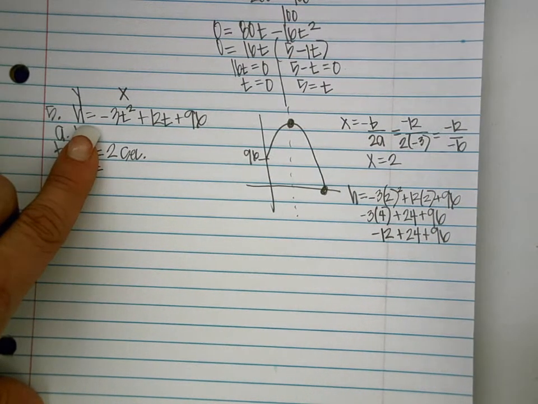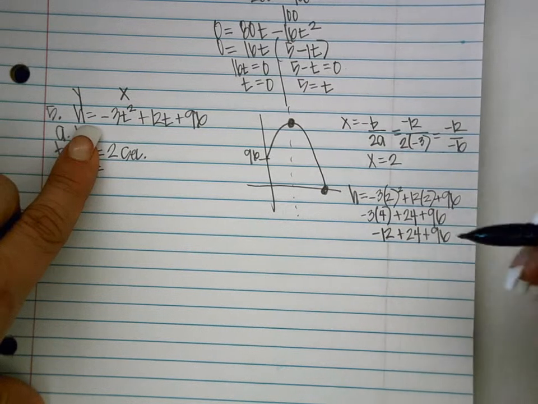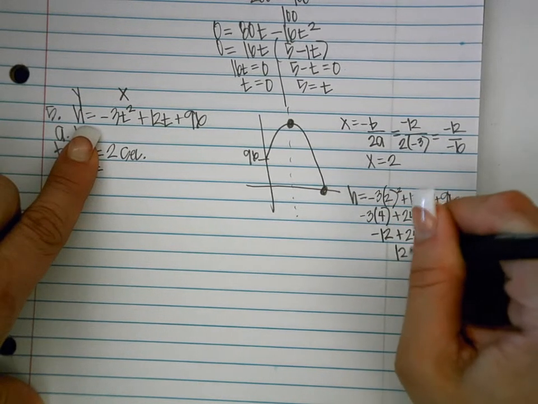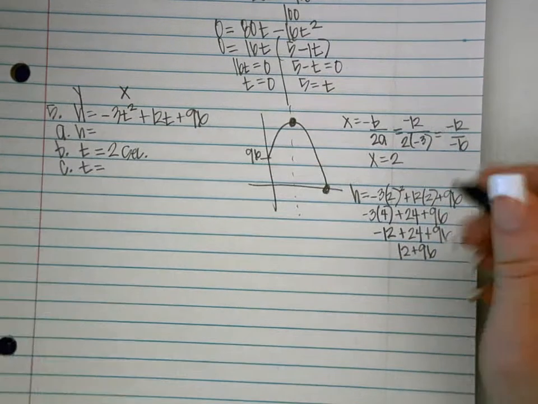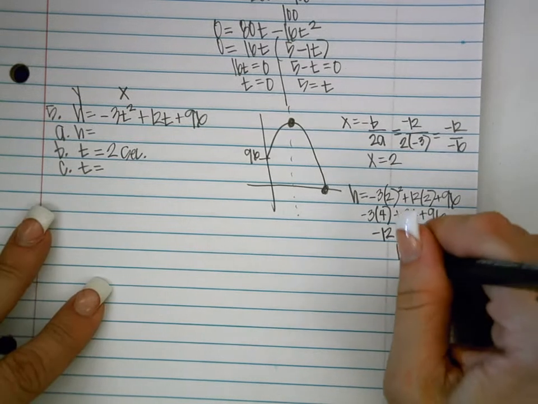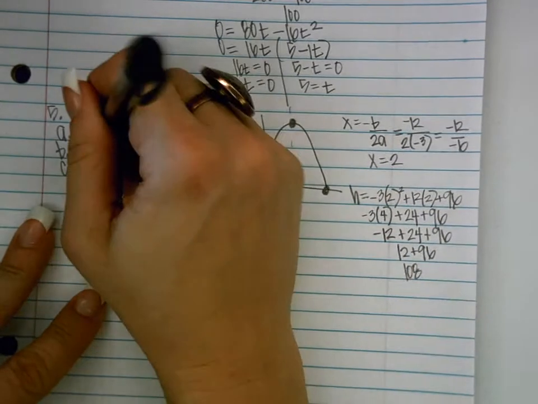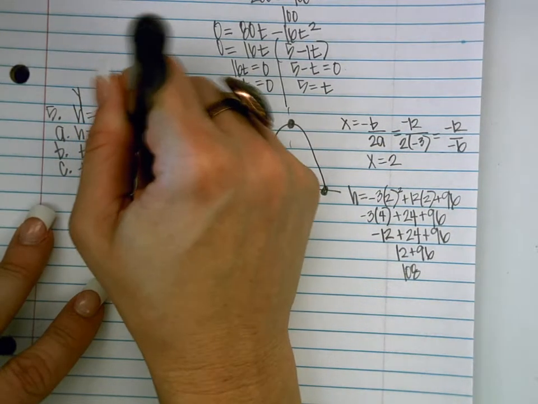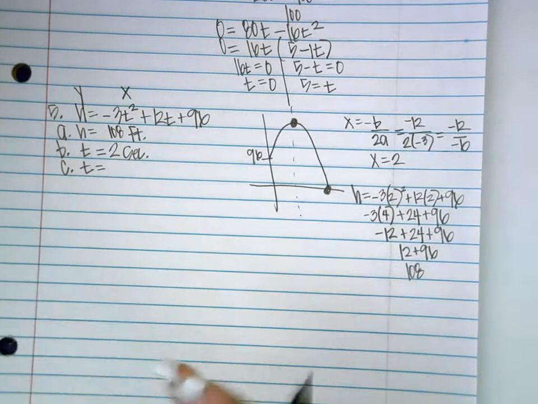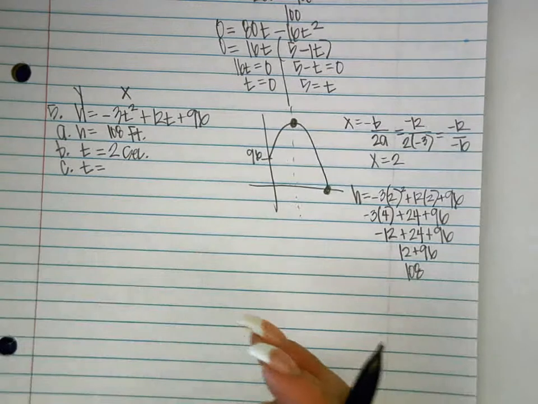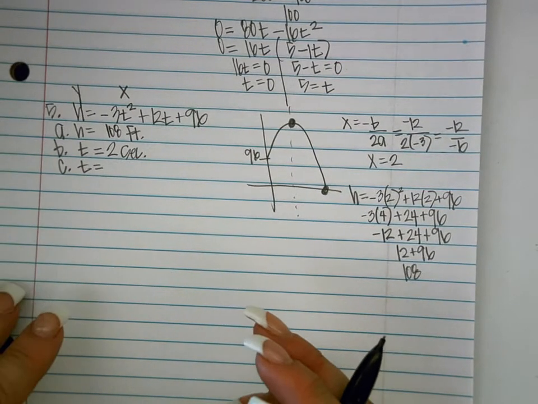Negative 12 and 24 is positive 12, plus 96. So what is its maximum height? 108 feet. The highest the ball gets is 108 feet above the ground.